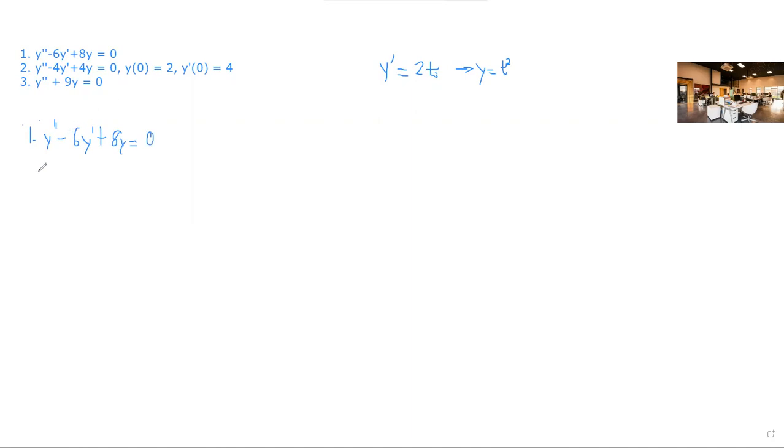Okay, so y is e to the rt, y prime is r e to the rt, and y prime prime is equal to r squared e to the rt. So here it would be e to the power of rt times r squared minus 6r plus 8 is 0.